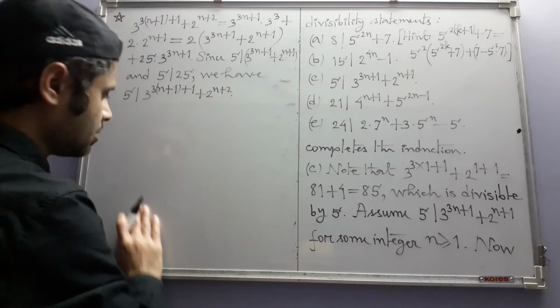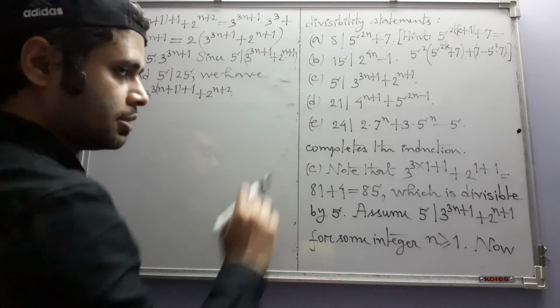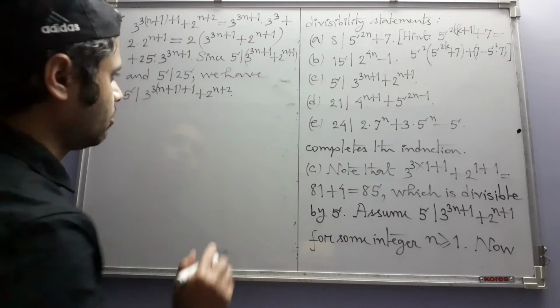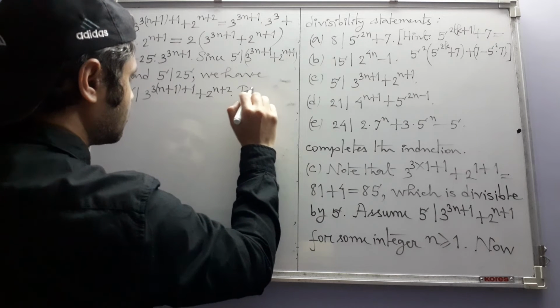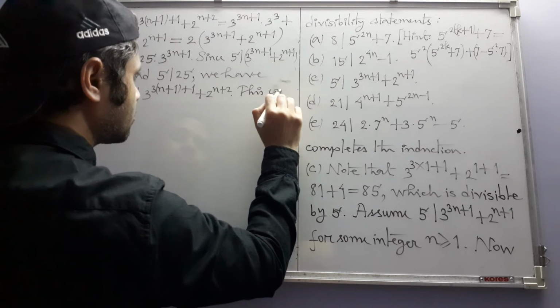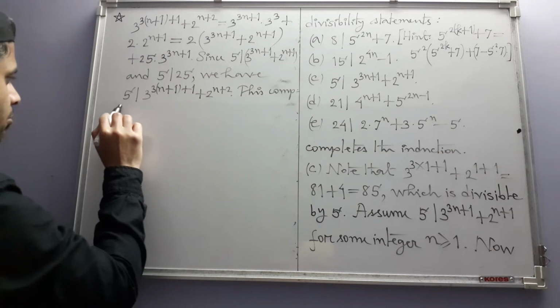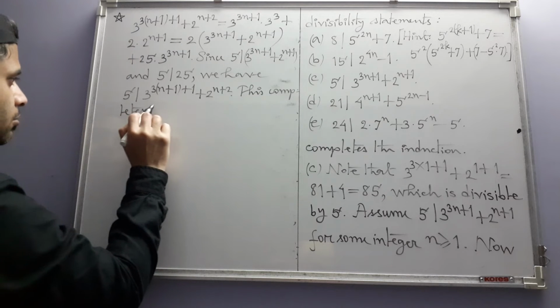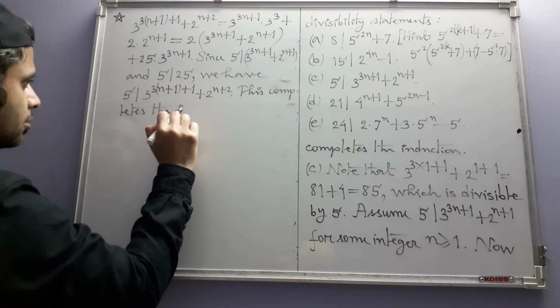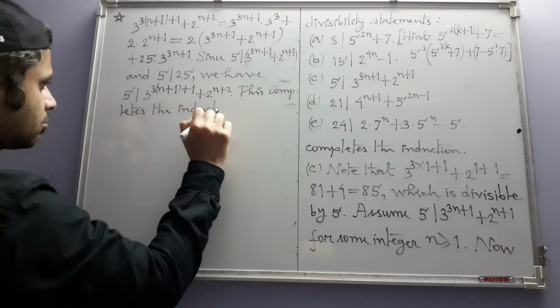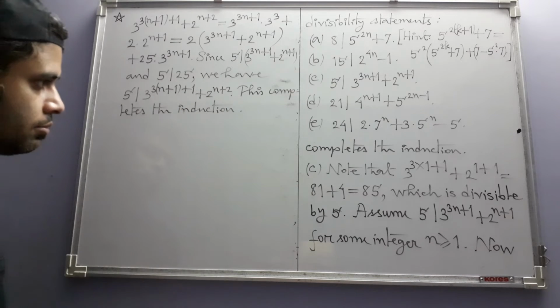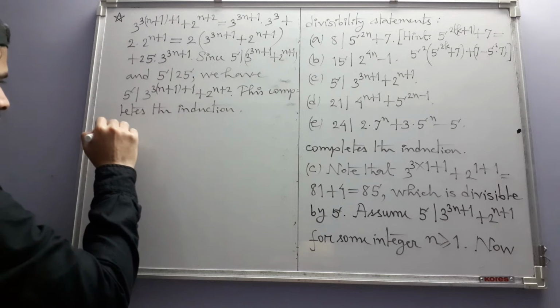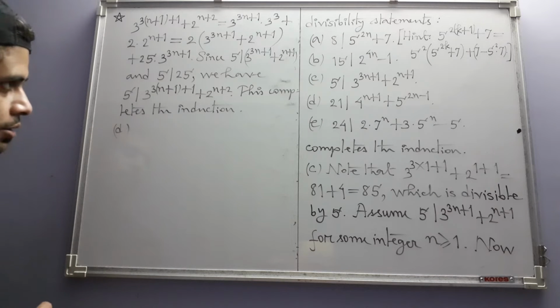So that means the given divisibility relation is true by induction for all n. This completes the induction. Then part D.